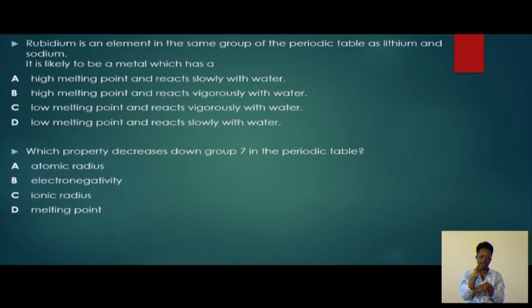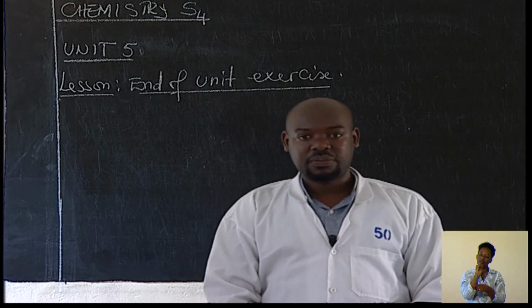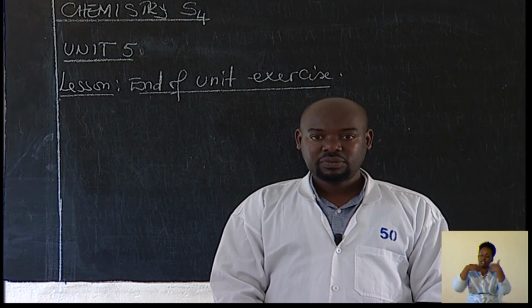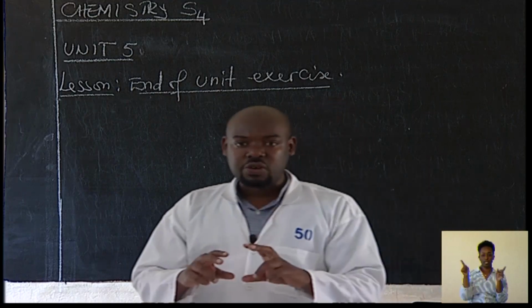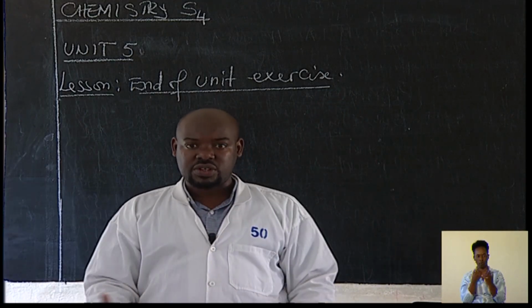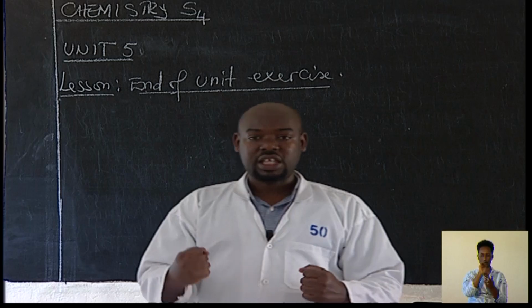So what happens with the melting point? From lithium to sodium and to potassium and rubidium, as you go down the group, what happens? Does the melting point increase or decrease? We studied that in the previous lesson. As we go down the group, the atomic size increases, as well as the cation size.